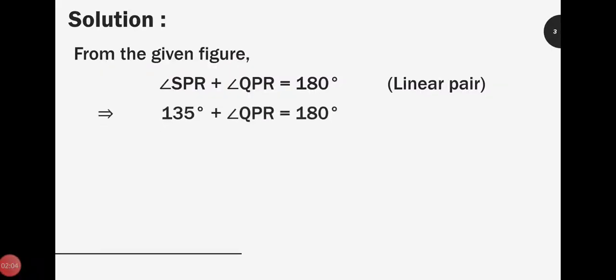Now putting the value of angle SPR, 135 degrees, plus angle QPR equals 180 degrees. Already angle SPR equal to 135 degrees is given in the question. Further solving, we get angle QPR equals 180 degrees minus 135 degrees equals 45 degrees.